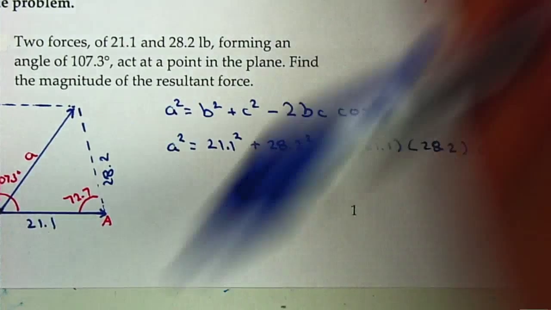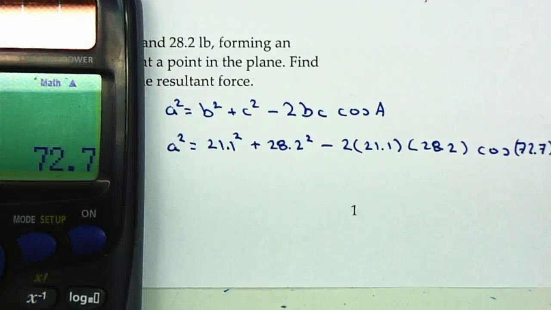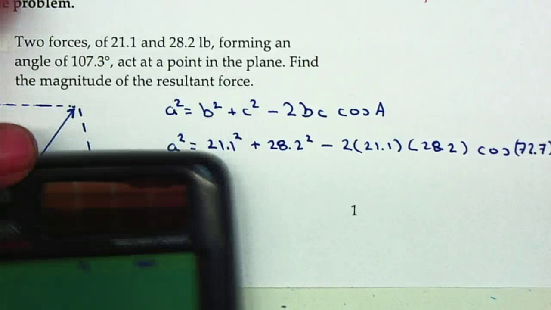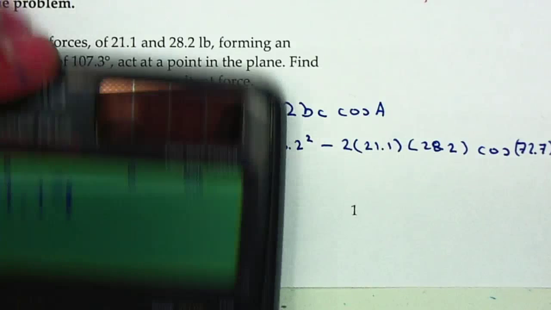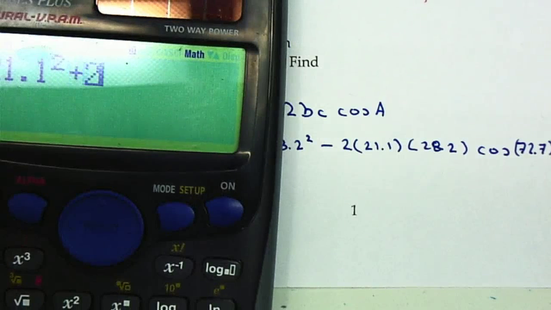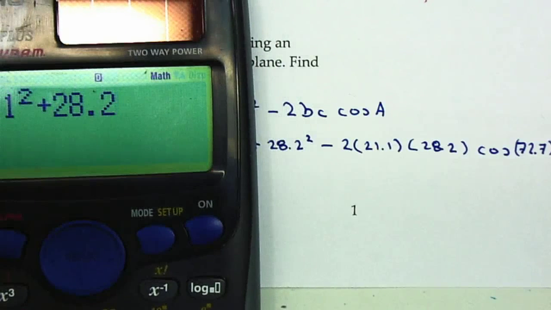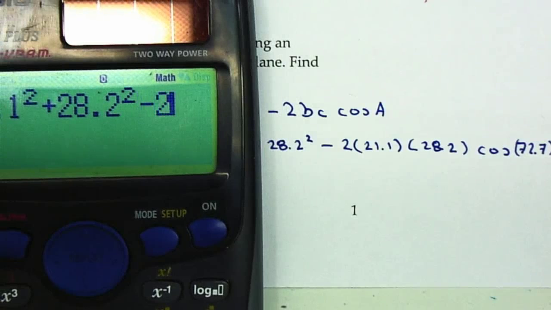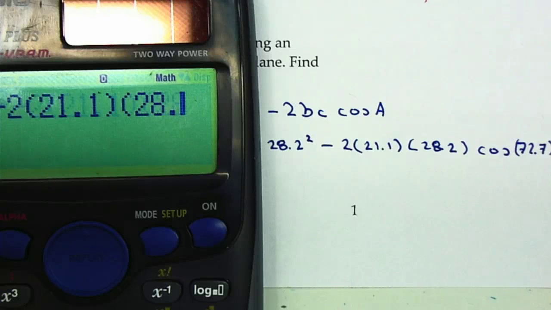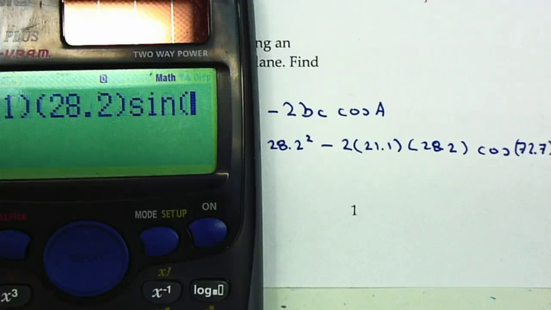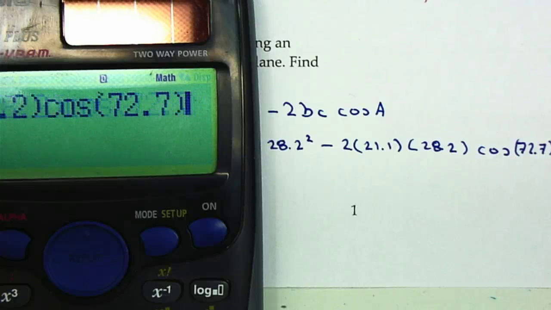Now, I'm not going to type that into my calculator. Just make sure that you do it carefully. So we have 21.1 squared plus 28.2 squared minus 2 multiplied by 21.1 multiplied by 28.2 multiplied by the cosine of 72.7.